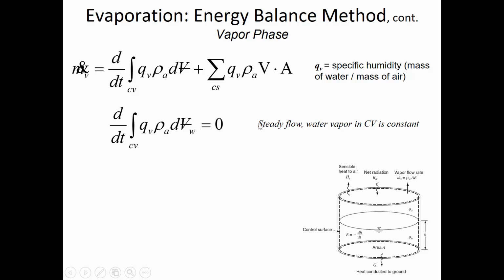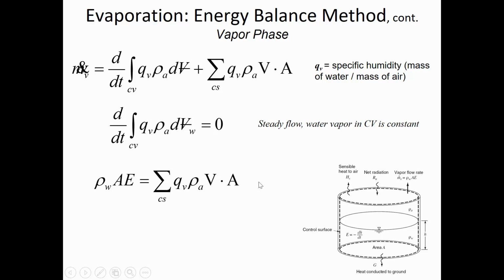And so if we assume that there's no accumulation of water inside of the head space above the pan, this tank, that there's always a constant amount of vapor in the head space, it's going to be going out through the control surfaces. And so this was our rate of evaporation on the left side from the previous screen.